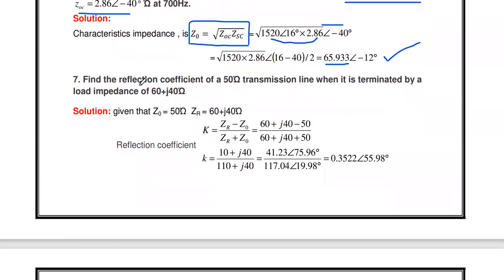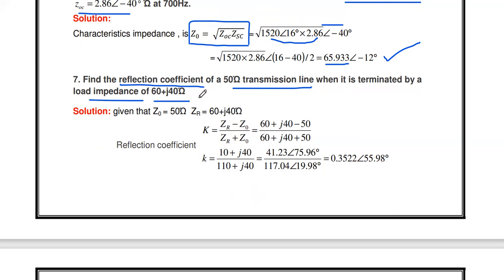The next one: find the reflection coefficient of a 50 ohm transmission line when it is terminated by a load impedance of 60 plus J40 ohms. We have to find the reflection coefficient. What data are given? Two data are given.